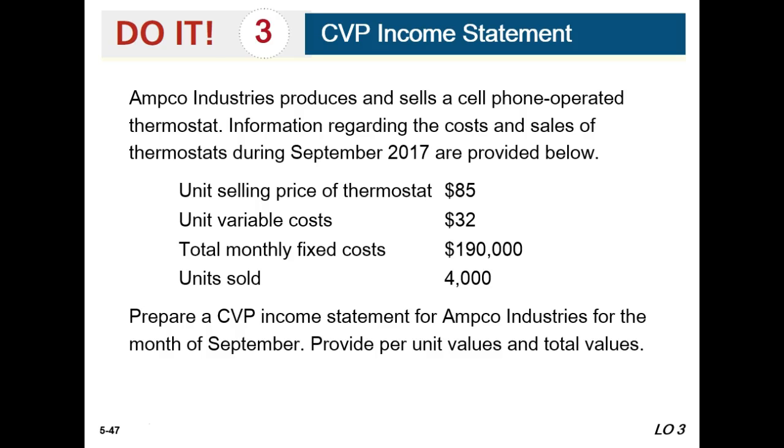That is the contribution margin per unit. Then it tells us our monthly fixed costs and our number of units sold. Our job is to prepare a CVP income statement for Ampco Industries for the month of September.